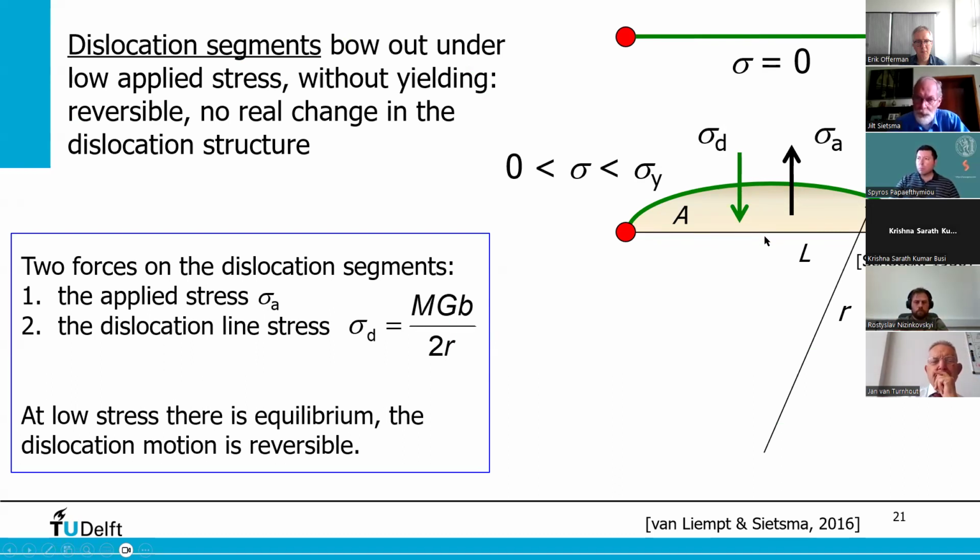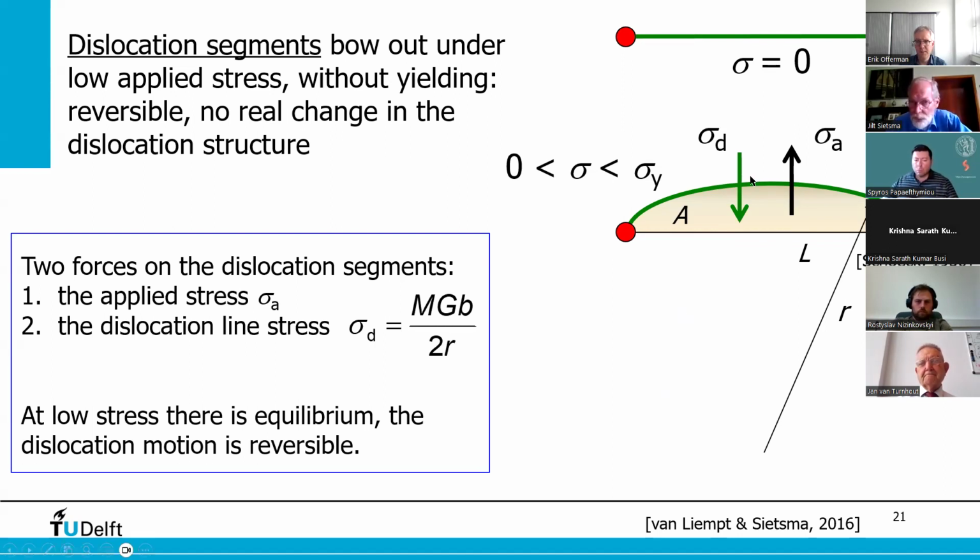If the stress is low, you can still have equilibrium between the two. So if you apply a small stress, the dislocation will start bowing out, not plastically, it will not become a Frank-Read source yet, but it will bow out a little bit up to the point where the line stress is equal to the applied stress. Then you have a balance and it stops.